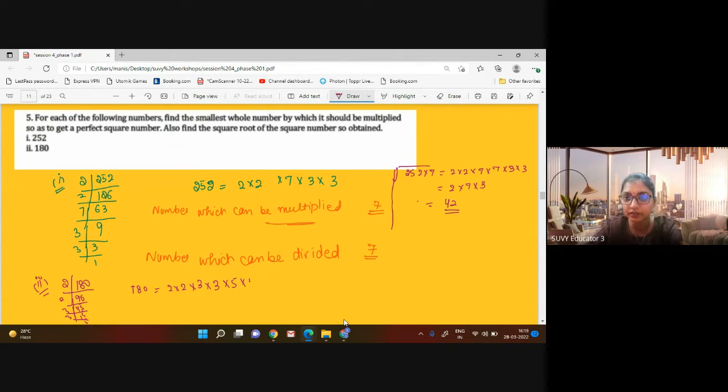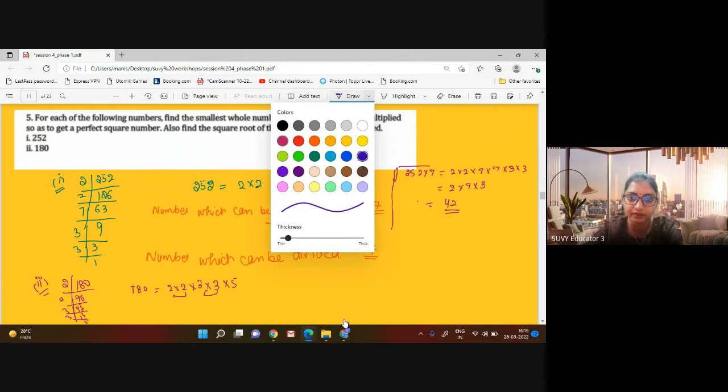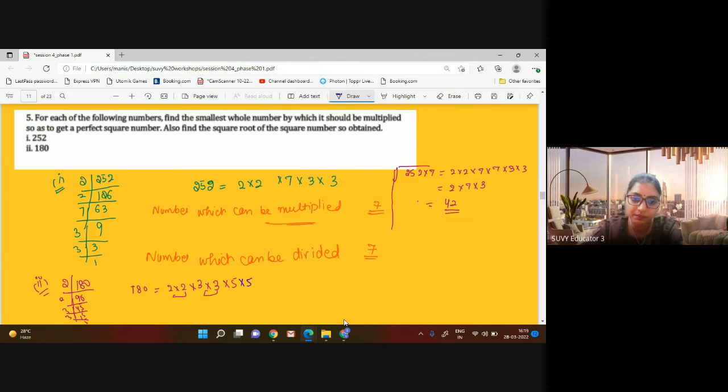So by what number should it be multiplied? Let me know from you guys. Think about it. This exists in a pair, this exists in a pair. It means which is not in a pair? 5. So we should multiply it by 5. So the answer will be 180 into 5. The square root will become 2 into 3 into 5. It means 30 will be the answer to this question.